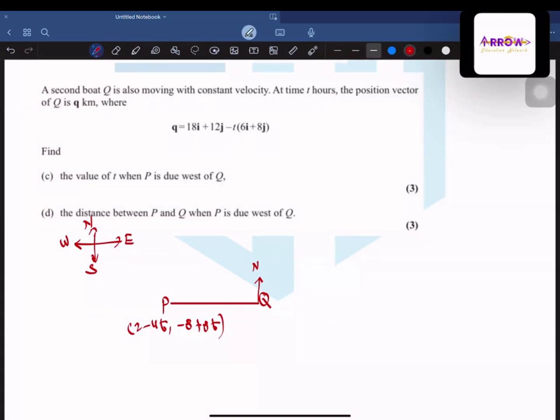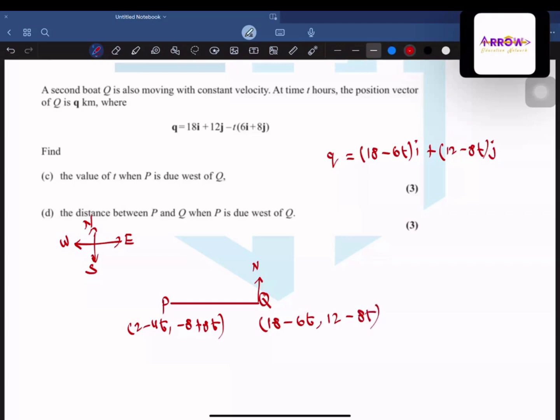For boat Q, I'm also going to do the same thing: identify the coefficient of i and the coefficient of j. Taking i as common, multiplied by 18 minus 6t, and taking j as common, multiplied by 12 minus 8t. Therefore the coordinates of boat Q at any value of t are (18 minus 6t, 12 minus 8t).